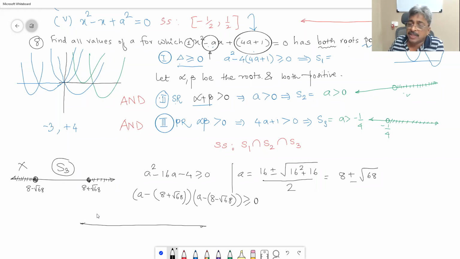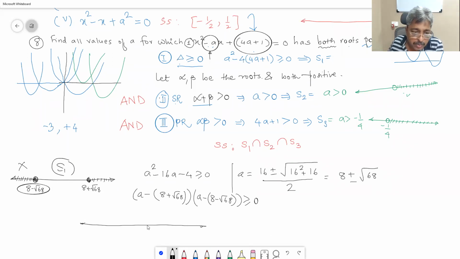This is gone because on the negative side, 8 into 8 is 64, so root 64 minus root 68 is definitely a negative number. This is S1. S1 is saying either go to this negative number to the left or towards the positive number.